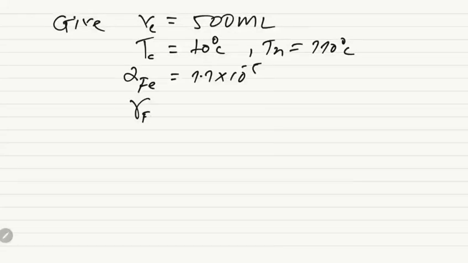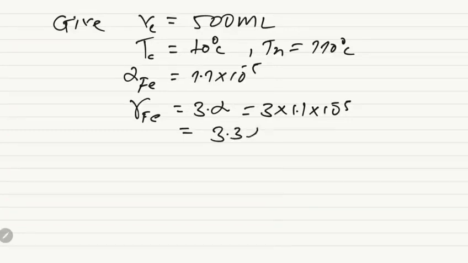So gamma of iron is equal to 3 times alpha, which is 3 times 1.1 times 10 to the power of minus 5. So this is equal to 3.3 times 10 to the power of minus 5 per kelvin. This is the volume expansion coefficient of the iron.